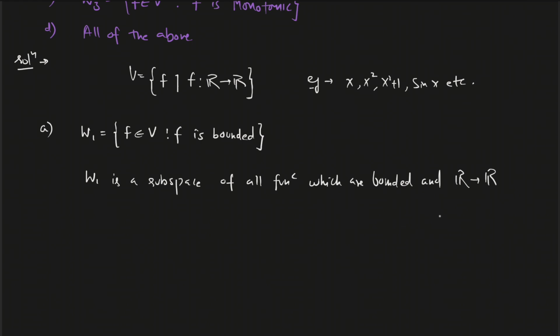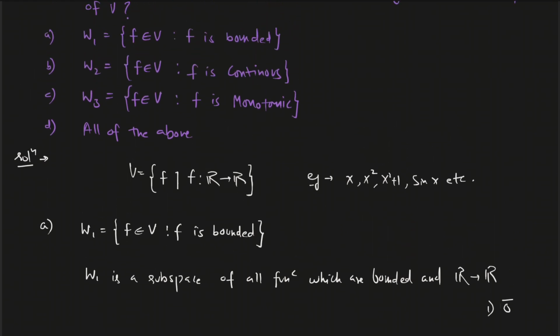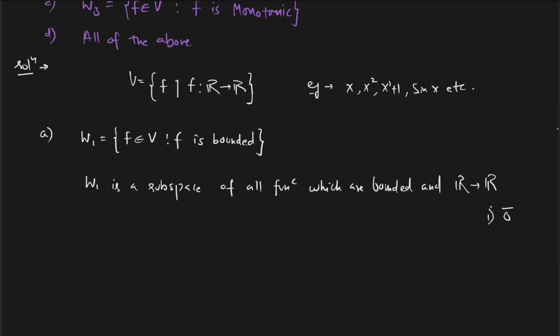So you know that to prove it a subspace, we need to prove two things, right? The first one is it should contain the null vector, basically in this case the null function, and this null function, that is zero function, will be contained in all the subspaces. So that is very trivial, so there is no need to check that.